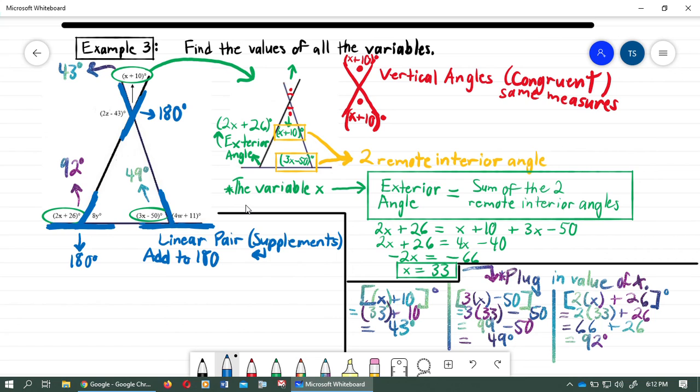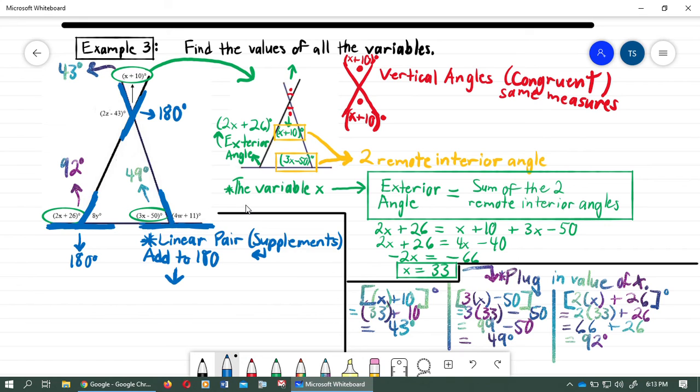If we use what we know about all three of those linear pairs, the fact that they add to 180 degrees, then we can set up three different equations.